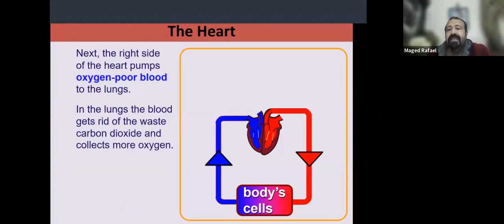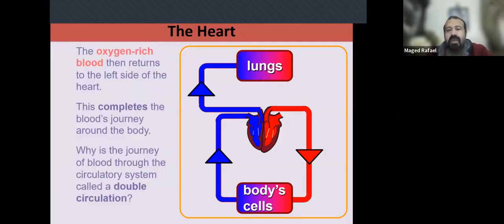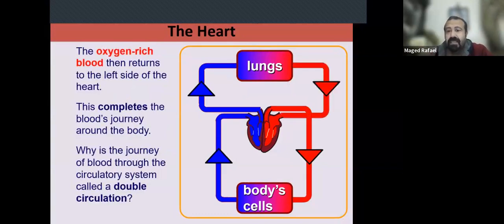And then it will be pumped to the lungs. And gas exchange will happen here. So the lungs will take the carbon dioxide, giving the red blood cells all of the oxygen, and the complete circulation happens by returning the blood to the pulmonary vein again.